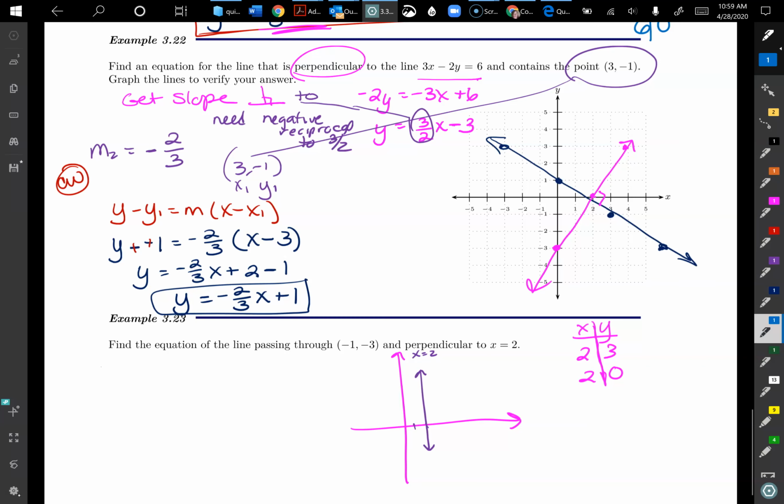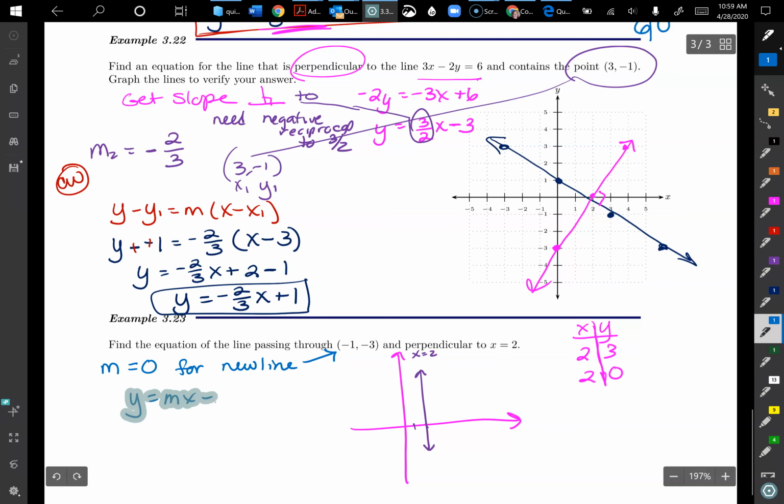So we're going to say the slope of the new line, passing through this point, is 0. We also know things about horizontal lines, but we'll use point slope just to be consistent here.